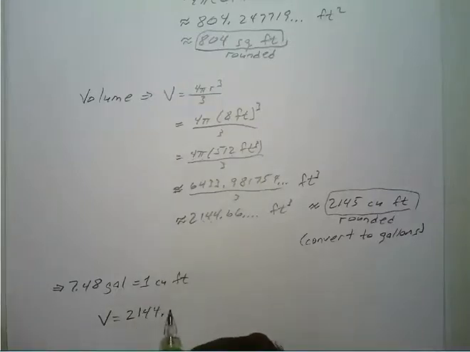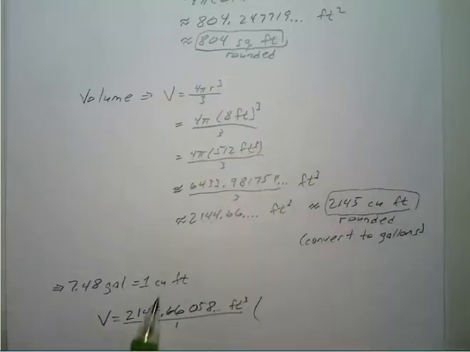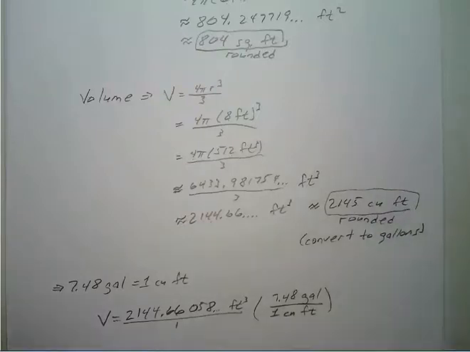2,144 point, let's say 66, let's say 058 to give us a more precise answer. And it keeps on going, cubic feet over 1. We want to get rid of the cubic feet, so we have 7.48 gallons divided by 1 cubic foot, where the cubic feet unit of measure cancel each other out.